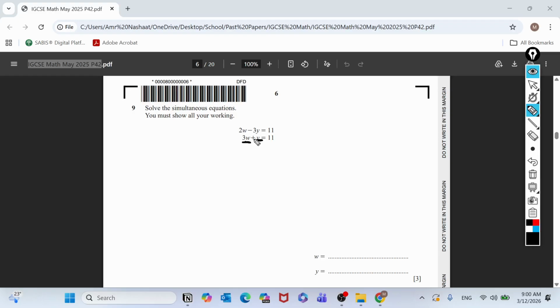So let's take w by itself. Let's take y here, so 11 minus y equals 3w. Divide both sides by 3. So I have 11 minus y over 3 equals w.